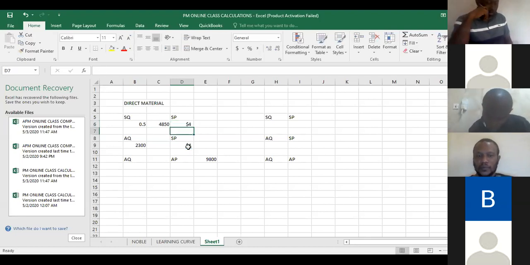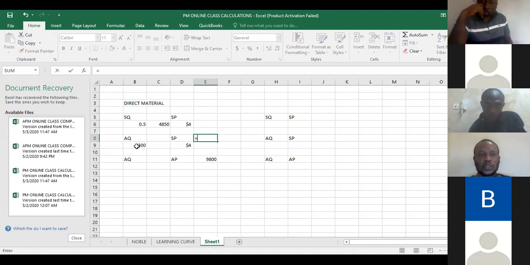Okay, with this now, I can calculate my middle one. So I can calculate my actual quantity standard price. It will be equal to the actual quantity multiplied by the standard price. That gives me a figure. Then I can do my standard quantity standard price on top.